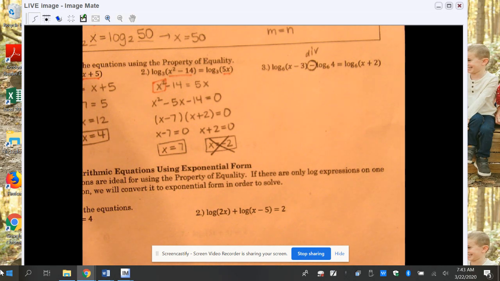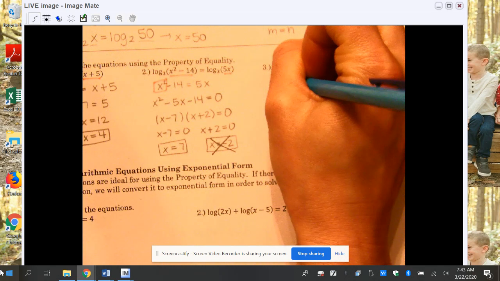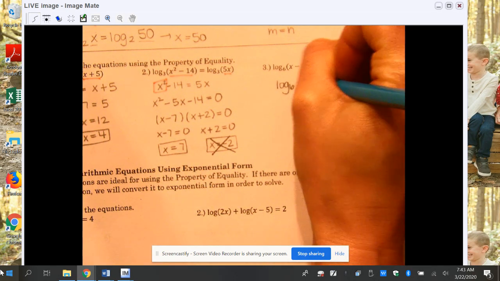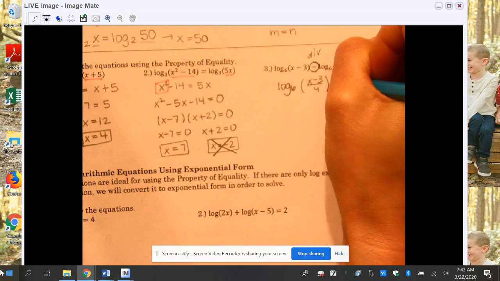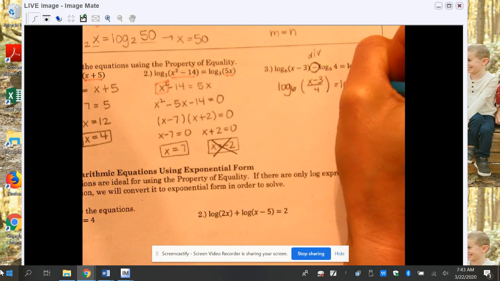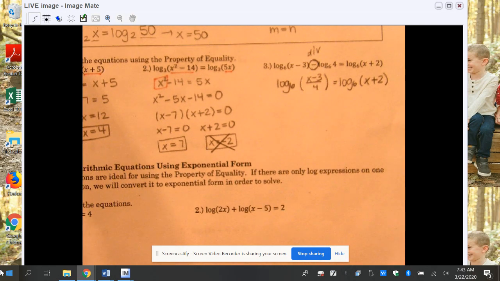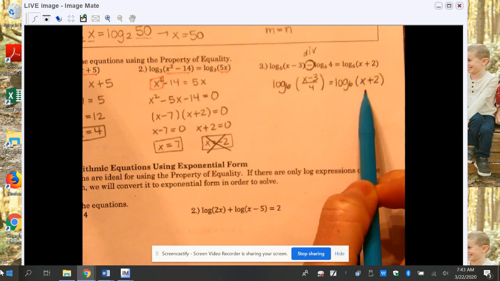Raising to a power goes with multiplication. And so I'm going to take log base 6 of x minus 3 over 4 equals log base 6 of x plus 2.